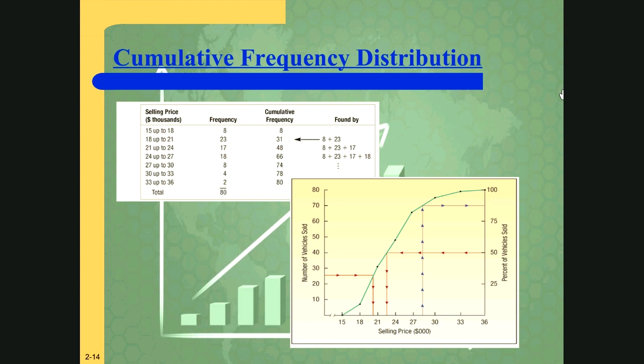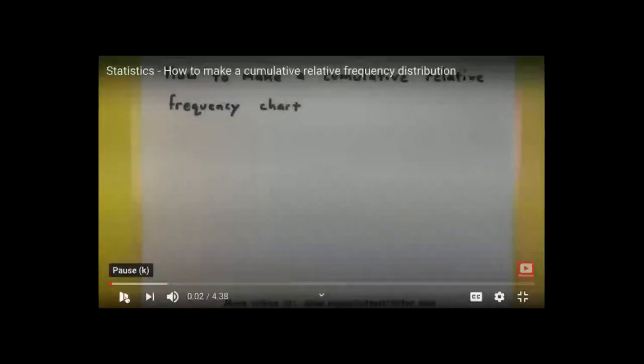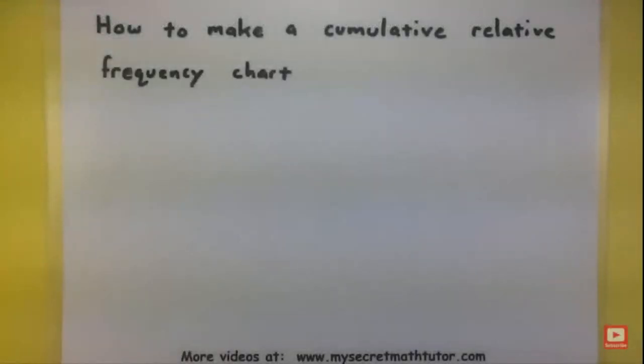For this video, I want to show you how to make a cumulative relative frequency chart. If you've never heard of one of these charts before, let's see exactly what we're making.